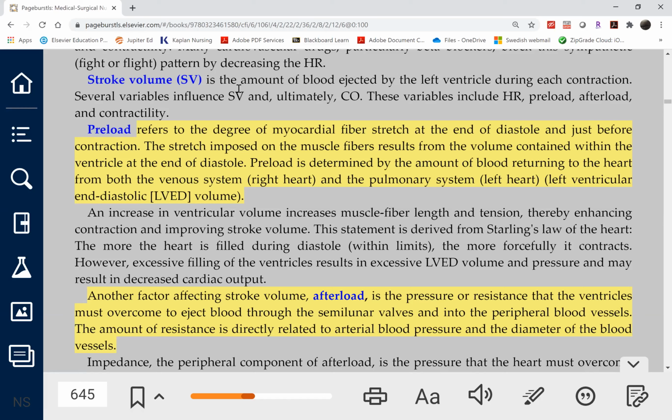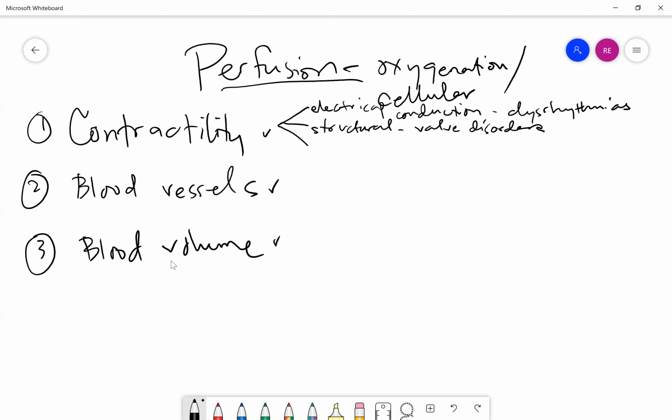That's good. Okay. So based on what you heard Jenna read, which element is preload referring to among the three elements of perfusion? Is it referring to the heart, the vessels, or the blood volume? Blood volume. All right. It's referring obviously to the blood volume.